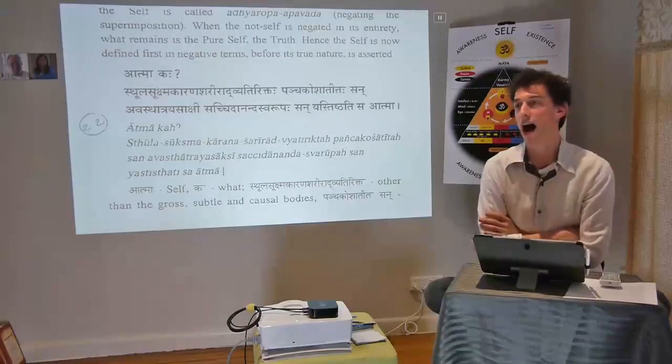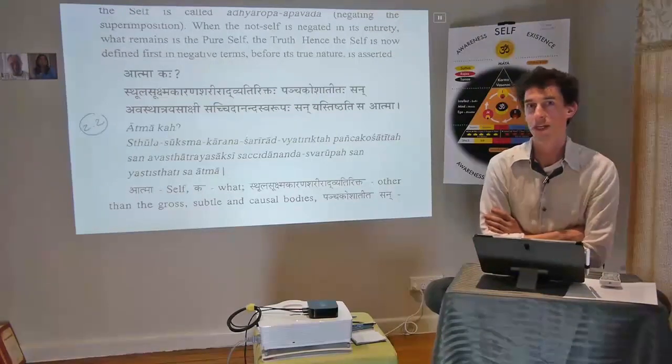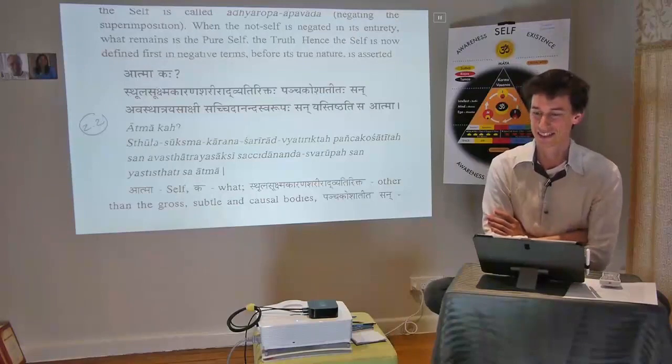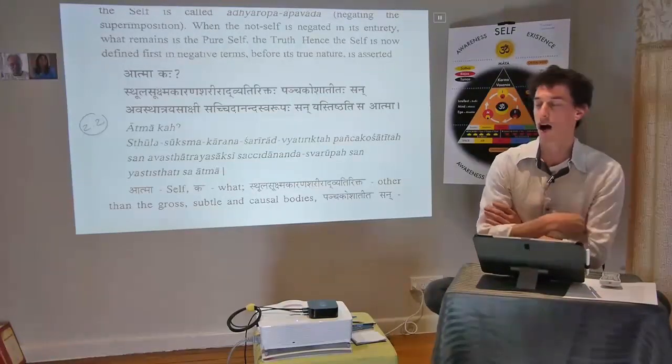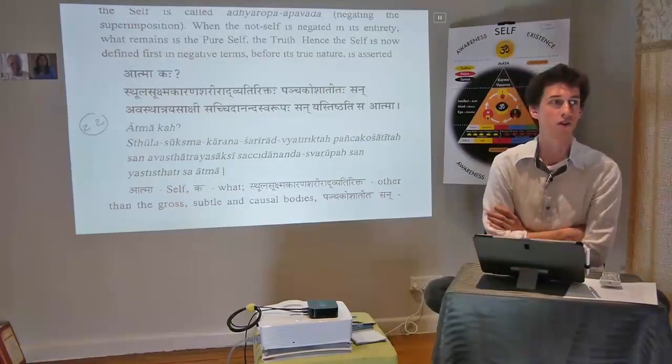So, pancha is 5, and then kosha, you can put handbag as a metaphor. Now put 3 columns: 1st sthula, 2nd sukshma, and 3rd karana.